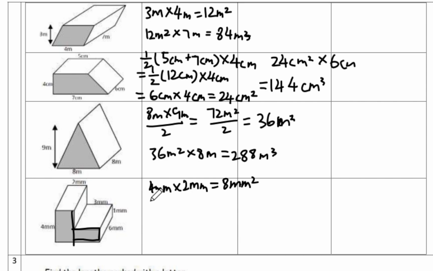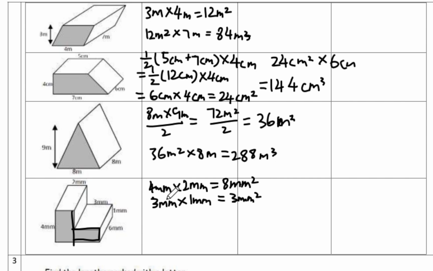So 3 multiplied with 1 would equal to 3 square.